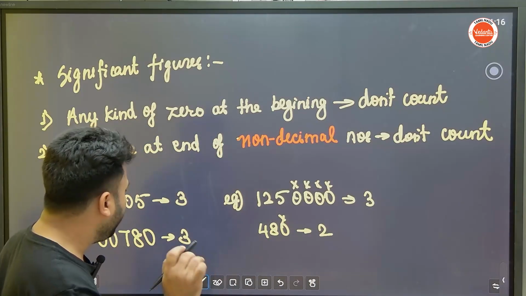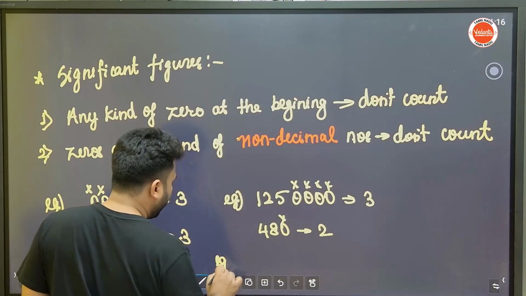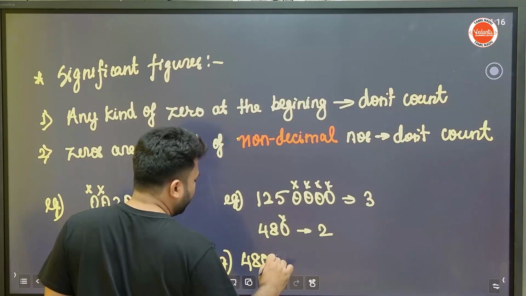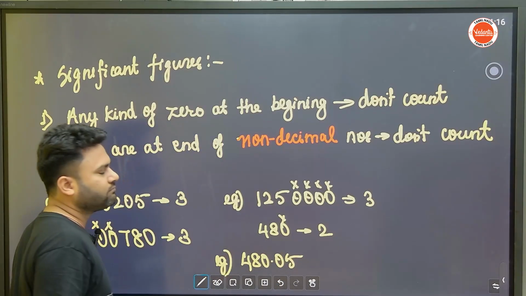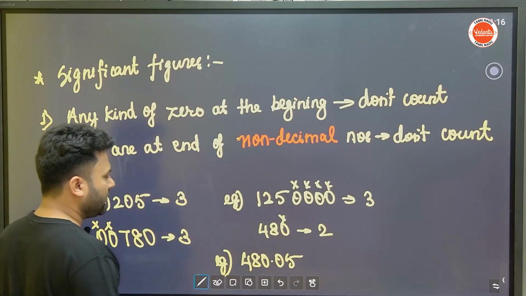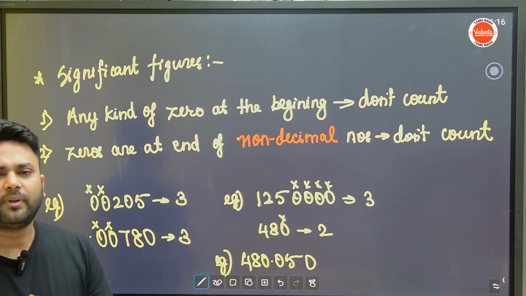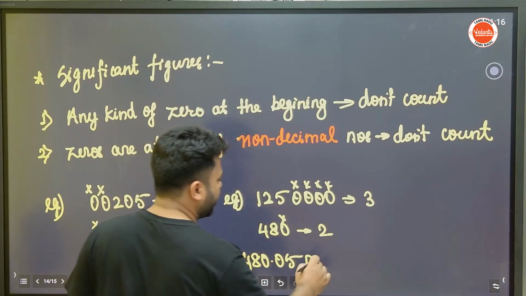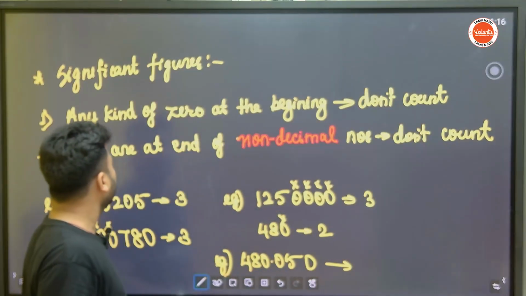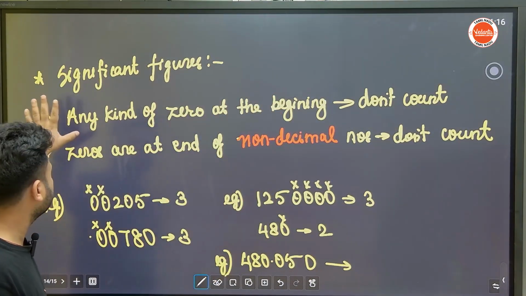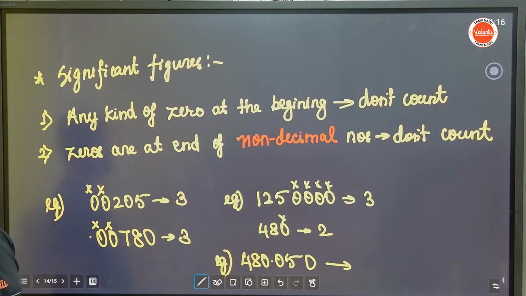Correct. But suppose, for example, someone gives 480.05. And they asked how many significant figures here. So tell me, any zero at the beginning? There is no zero at the beginning. No need to think about first point.